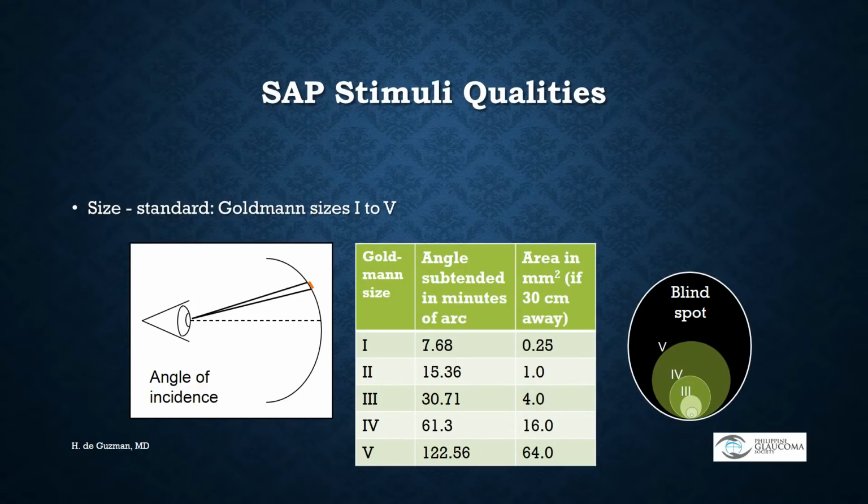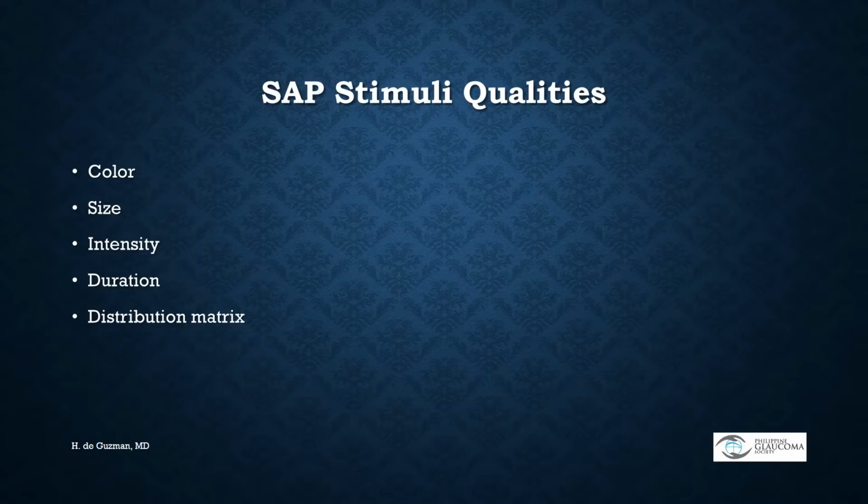So these are the relative sizes of the various Goldmann sizes compared to the blind spot. The most common ones we use these days are the Goldmann size 3 and 5. SAP stimuli can also vary in terms of their intensity.